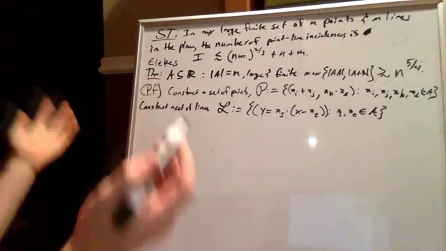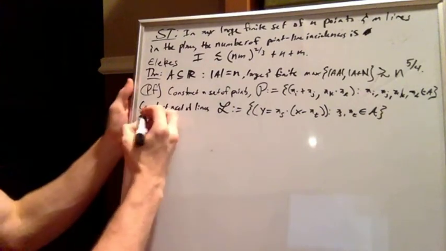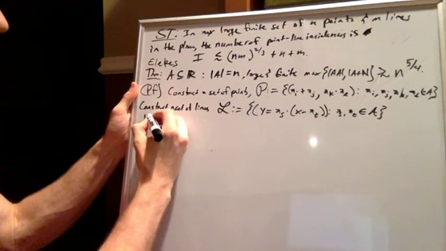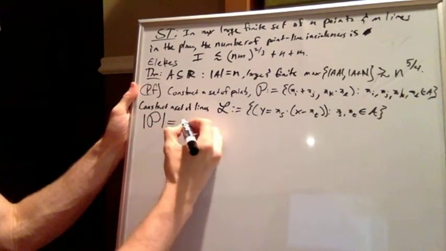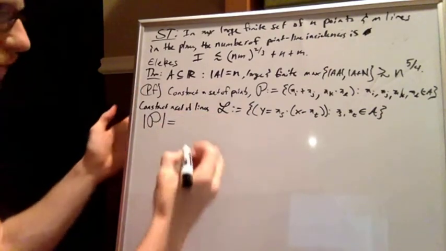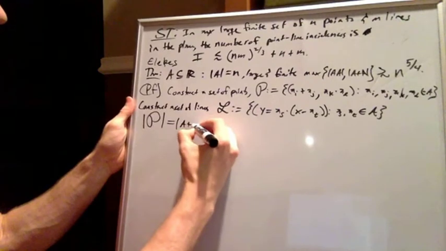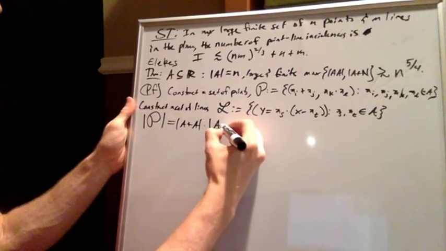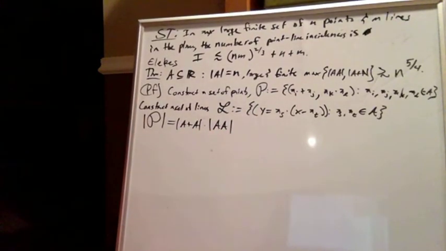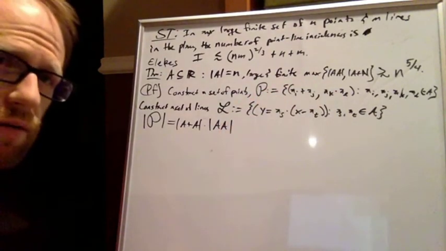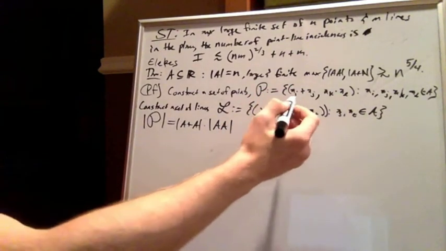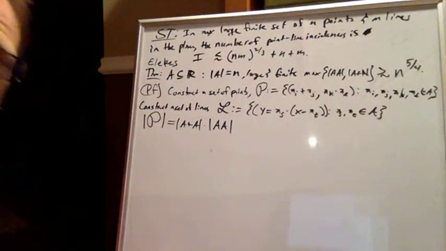Okay, so let's count things. Well, the size of P is going to be the size of the sum set times the size of the product set. Okay, it's going to be the size of A plus A times the size of AA. And that's because, among other things, we can think of this as a Cartesian product set, right? For every element in the sum set, I'm considering every element of the product set.